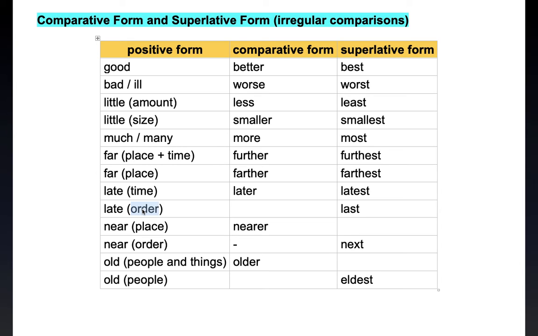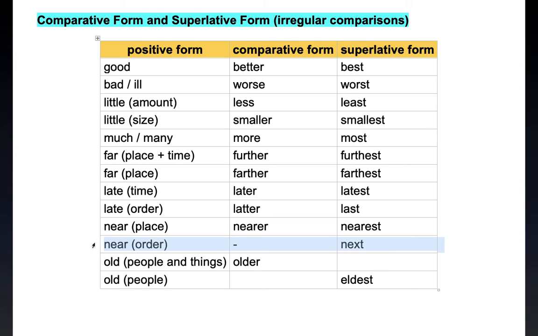Cuando se está realizando una organización de algo y algo pues llegó más tarde que lo otro. In this case, the comparative form is later con doble T and the superlative form is last. Okay, next, near. Near es cerca, para lugares. Near, más cerca que. Y nearest, el más cercano.